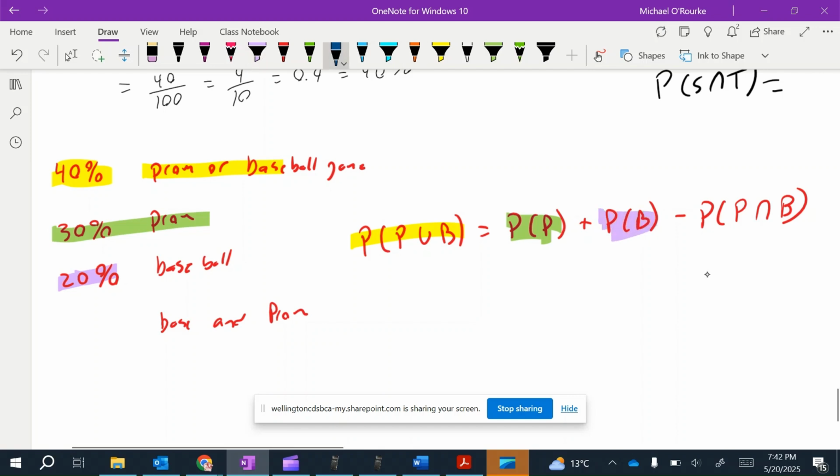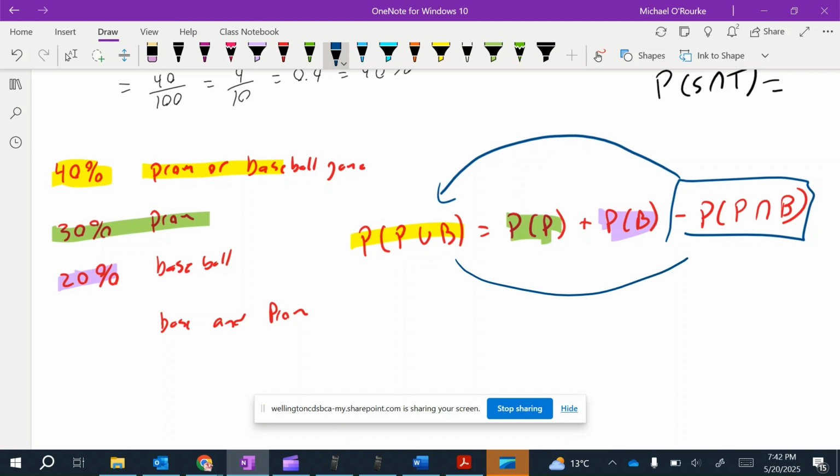So I'm looking this time for this here. So I have a little bit of algebra to do, in the sense that I'm going to swap these two. So I end up with the probability of prom and baseball being over here. Now it's positive, and it's a negative over there, so make it positive. It equals the probability of prom plus the probability of baseball minus the probability of prom or baseball.